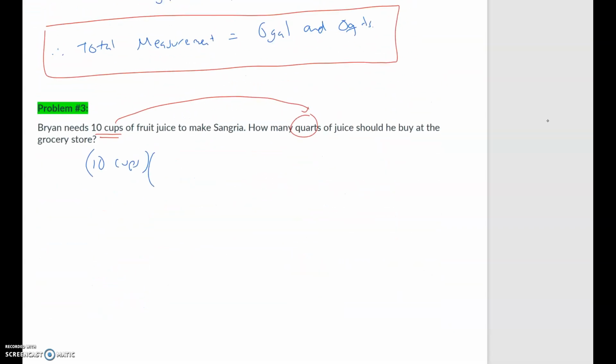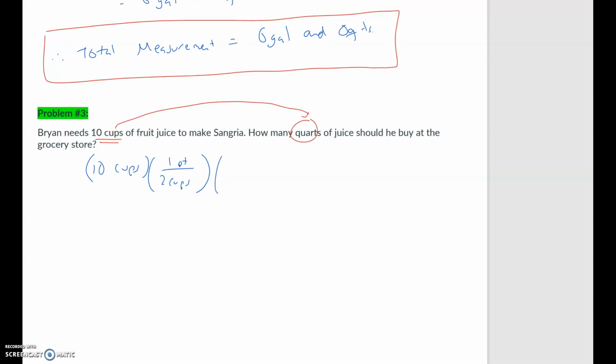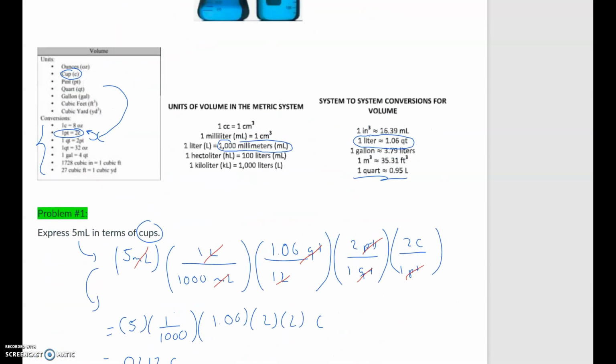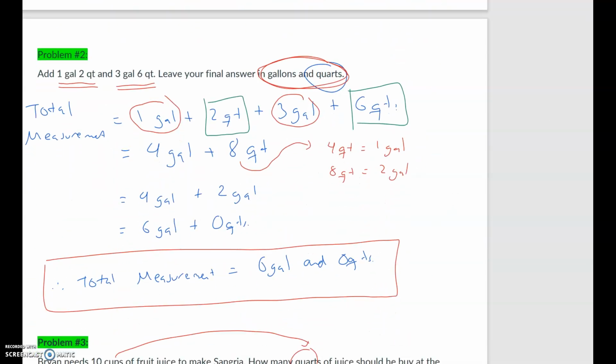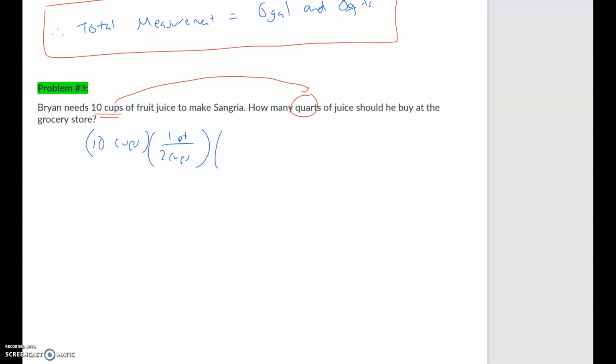So we're using 2 cups is equal to 1 pint. And then the other measurement was that 2 pints is equal to 1 quart. So 2 pt is equal to 1 qt.